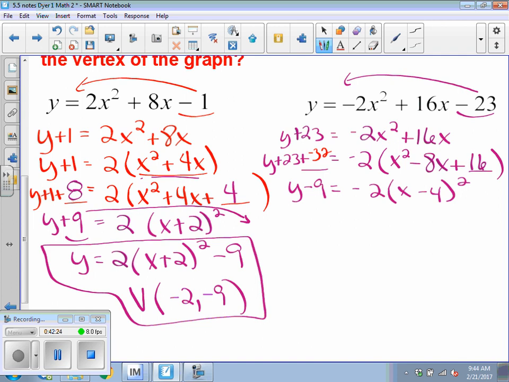And then put your k back where it belongs on the other side. So y equals -2 times x minus 4 squared plus 9. And so the vertex is +4, +9.